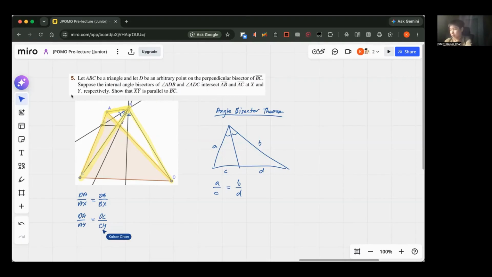Okay. And another thing, note that we're asked to show that XY is parallel to BC. And I'll just erase this. And this configuration here with XY and BC should look a bit familiar to some people here. So what do you think we can prove to ultimately show that XY is parallel to BC concerning triangles AXY and ABC?